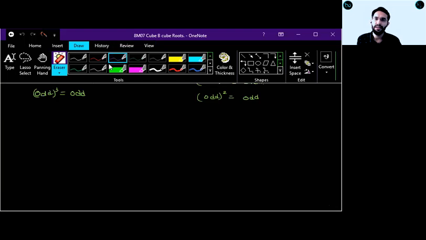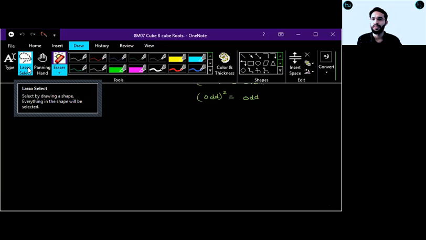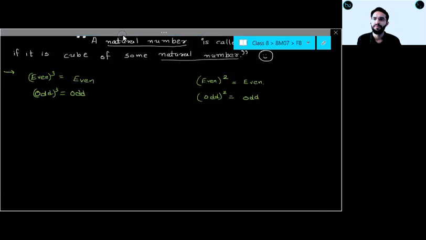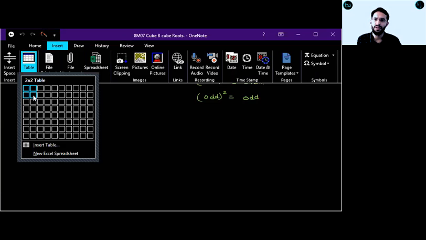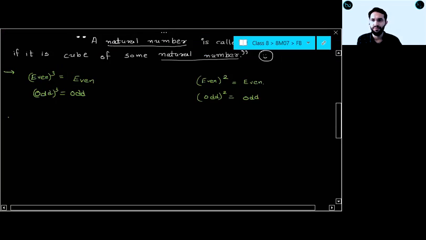So let us see that table, students. Let us write directly. If I have x, here I need to write x cube.